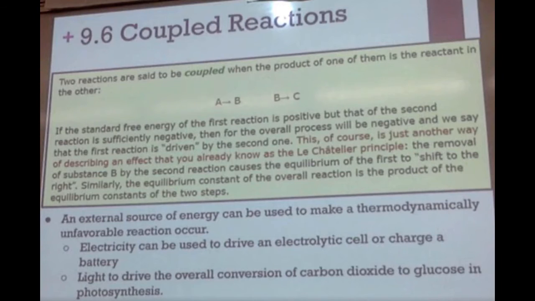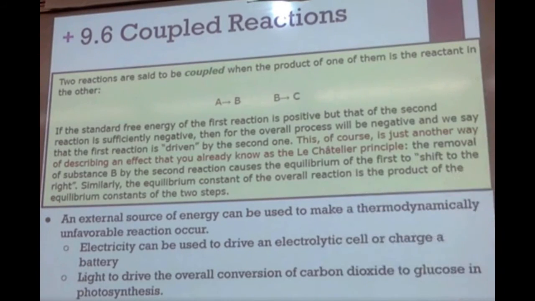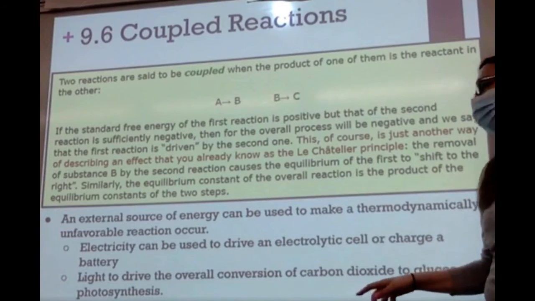Then topic 6 talks about coupled reactions, and this segues us into electrochem. Coupled reactions is Hess's law. You couple reactions when you put two reactions together, almost like a mechanism. When you have one reaction that is not thermodynamically favored, you can make it favored by combining it with another process, coupling the reaction.